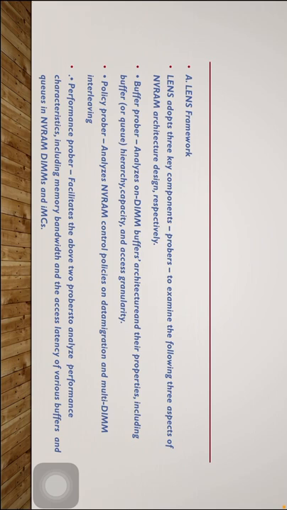Policy prober: analyzes NVRAM controller policies on data migration and multi-DIMM interleaving. Performance prober: facilitates the above two probers to analyze performance characteristics including memory bandwidth and the access latency of various buffers and queues in NVRAM, DIMMs, and IMCs.